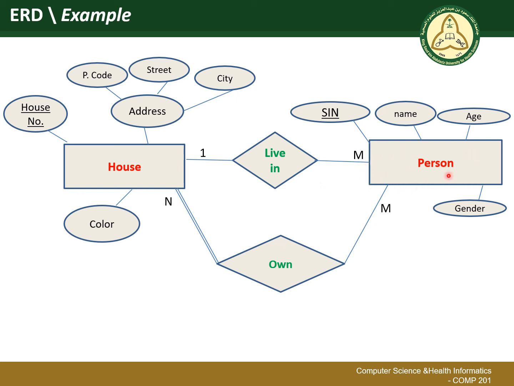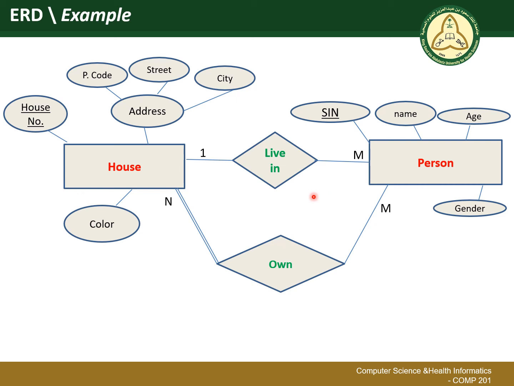So the relationship between the person and the house will be at most one, that means one. Then the relationship between the house and the person: the house can have 0 or more persons living in it. So the house can have many persons. So the M will be near to the person.